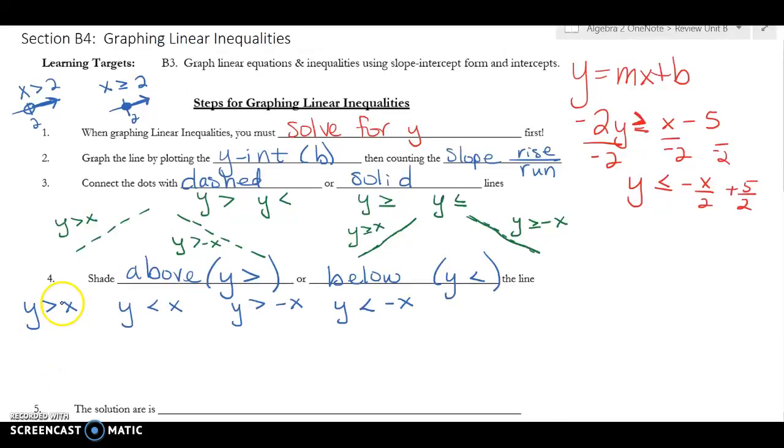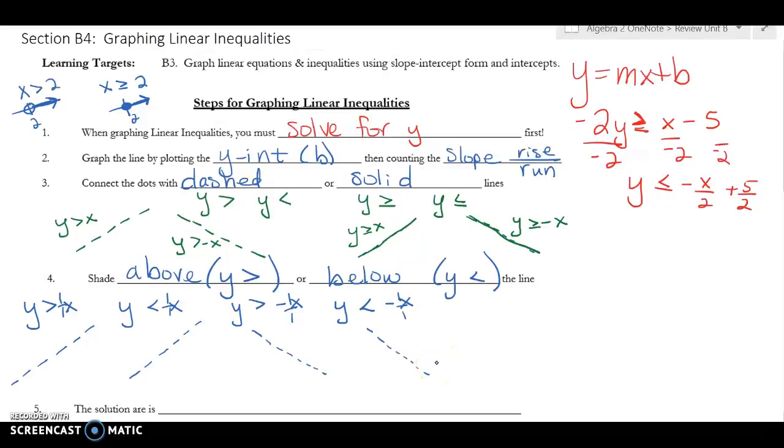And so a positive 1 over 1x would go up, and it's a dashed line. A positive 1 over 1x would also go up, and it's a dashed line. A negative 1 over 1 would go down. And same thing here, this would also go down.